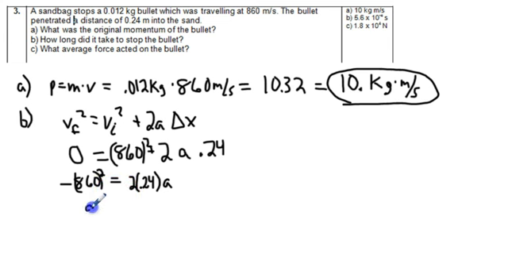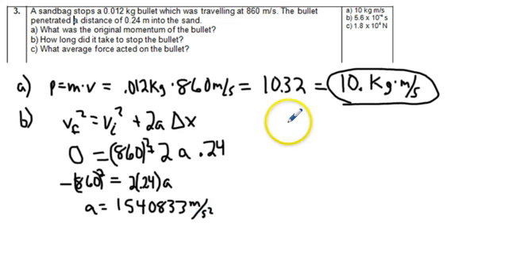And when you solve for a, you get 1,540,833 meters per second squared. Now, that still is not what we want, because we want to know the time it took to stop the bullet.